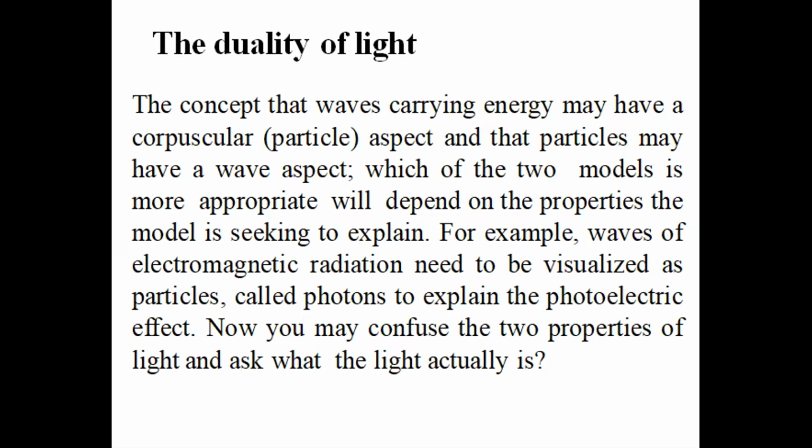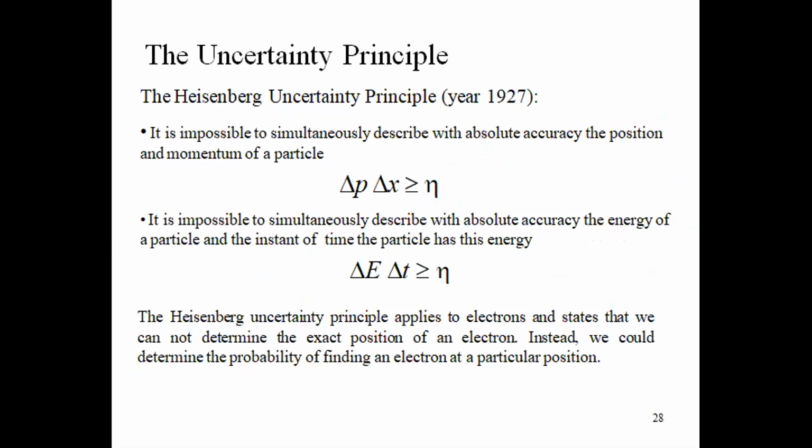Now, we may get confused by the two properties of light and ask what the light actually is. So at one particular point, if we are treating it as photons, then we will partially neglect the wave nature. And at one instant, if you are considering it as a wave, then you need to stop the process of assuming it as a particle.